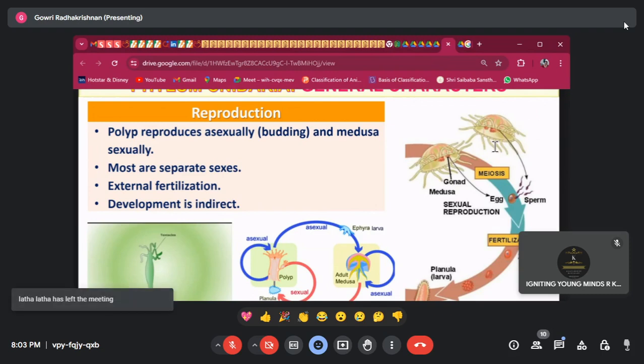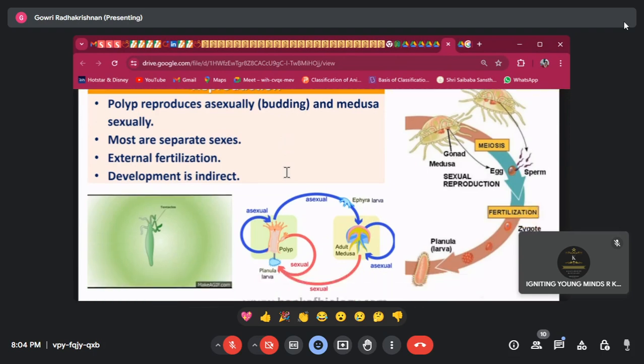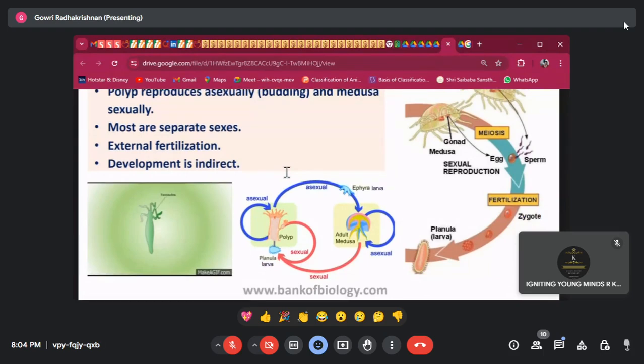The animals which have the polyp form reproduce asexually, that is by budding, and those with medusa form reproduce sexually. Most have separate sexes. External fertilization, development is indirect, that means they have egg and larval stages.